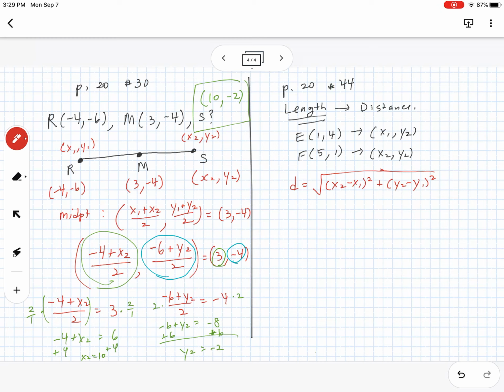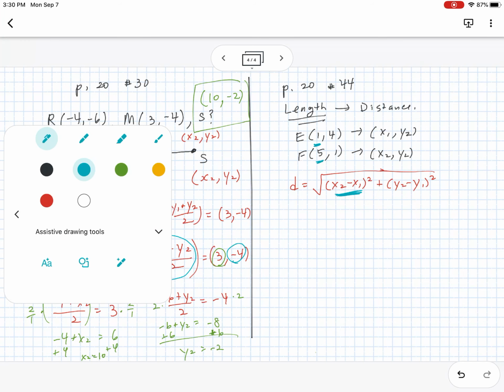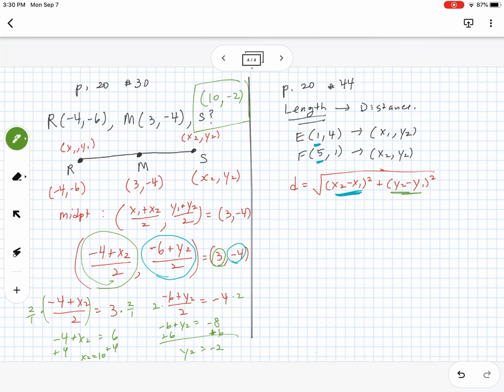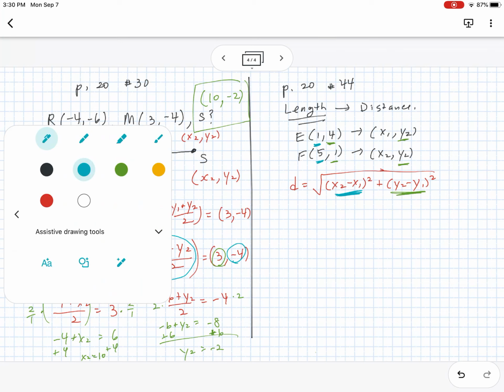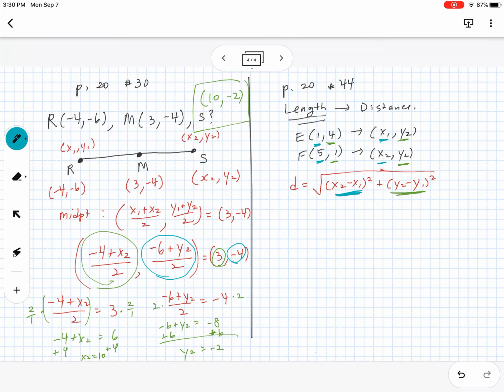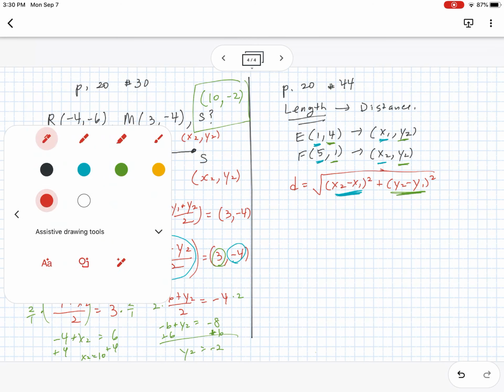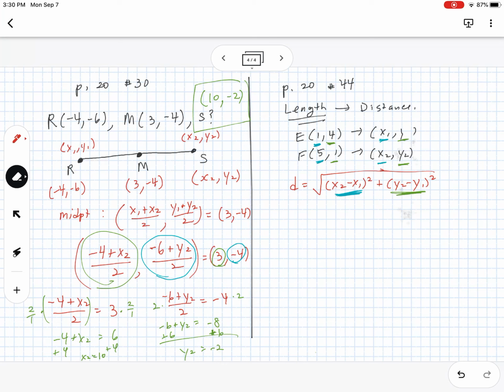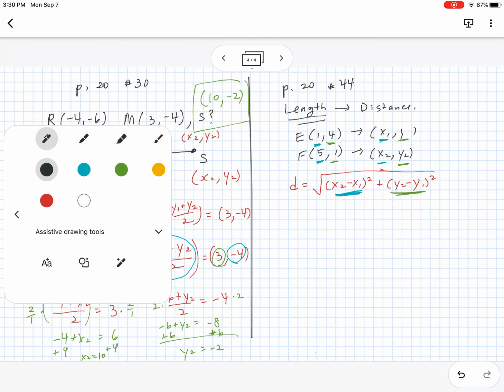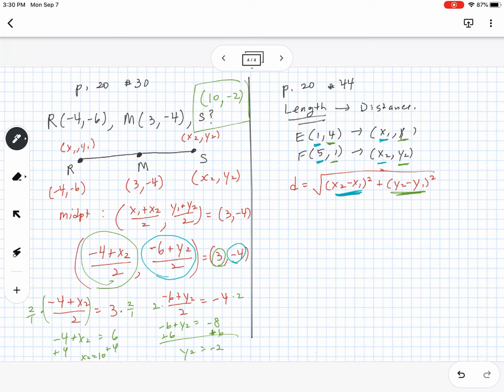So for my x2 minus x1, I can use this guy and this guy. And then for my y2 minus y1, I can use this guy and this guy. So here's my y2s. There are my x2s. Okay, and I just realized I made a typo, so let me fix that for us. So this should actually be y1.